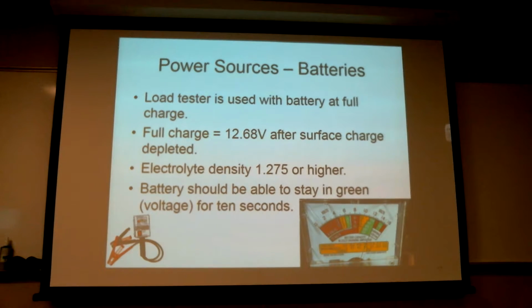Now note that for this particular unit, they say leave the switch on for 10 seconds, but the other cold cranking amp spec was 30 seconds. So there are different scales to measure this by, but what you're trying to do is create a go, no-go situation. The first go, no-go test is: is it charged, and will it charge?